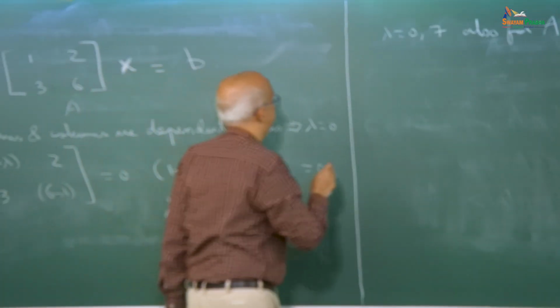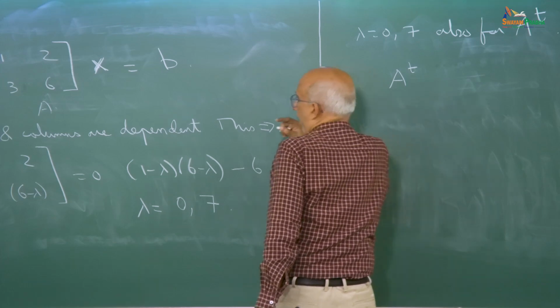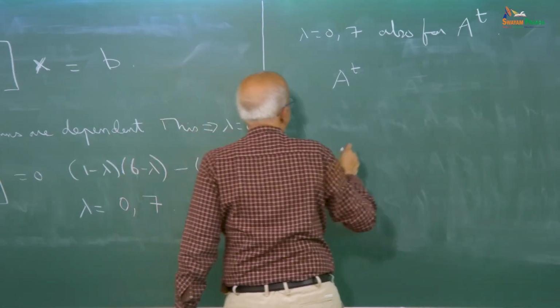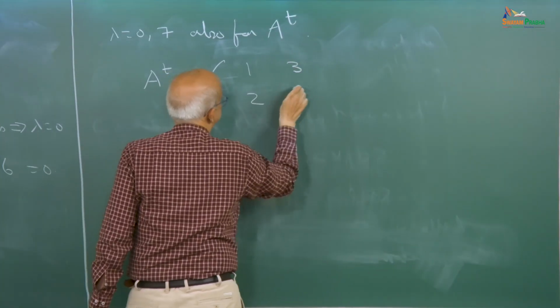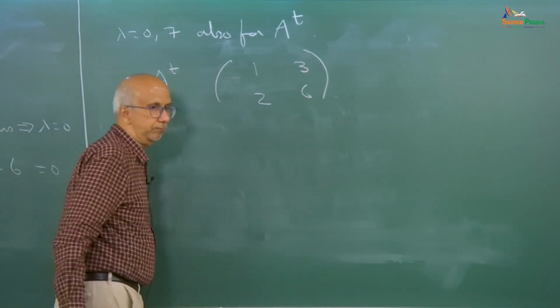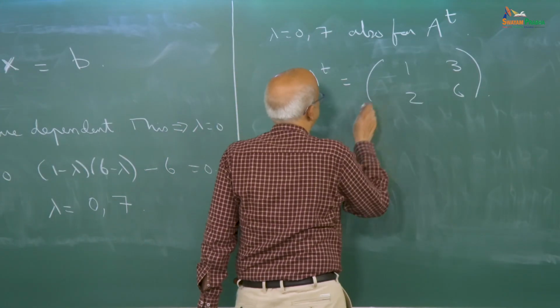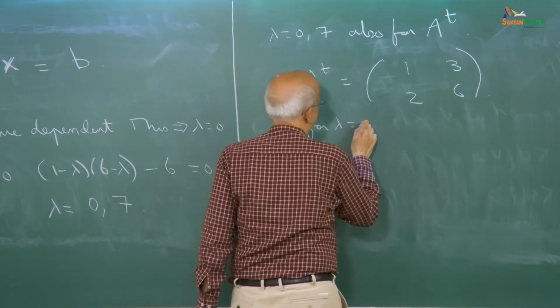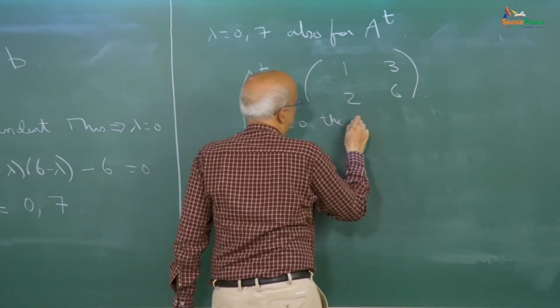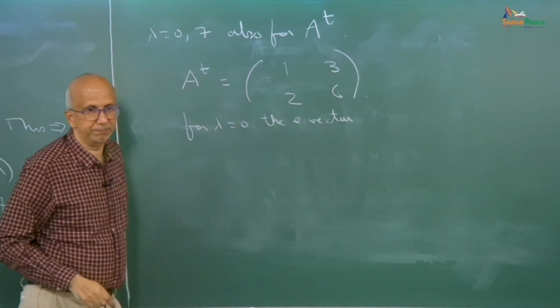And what is the eigenvector for A transpose? A transpose turns out to be 1 3, 2 6, this is A transpose. And corresponding to lambda equal to 0, the eigenvector is, I will subtract 0 from this.